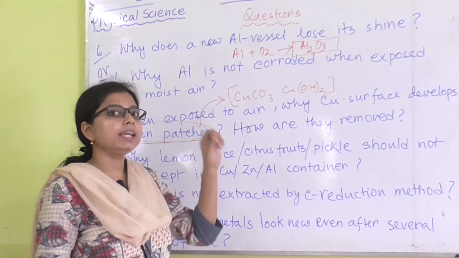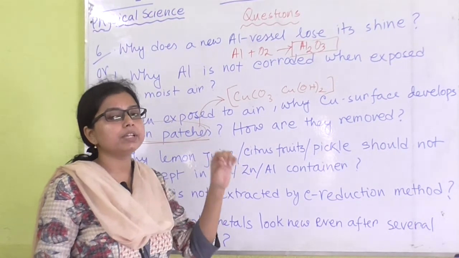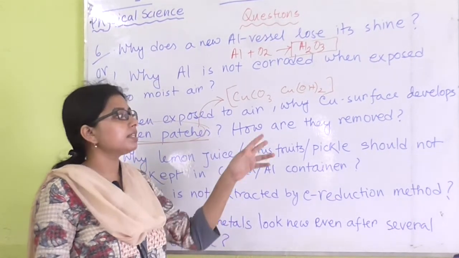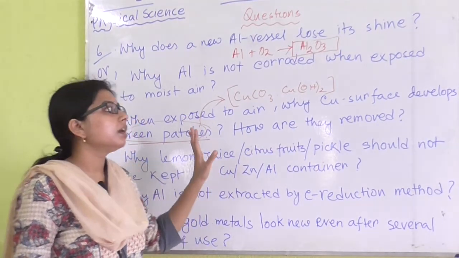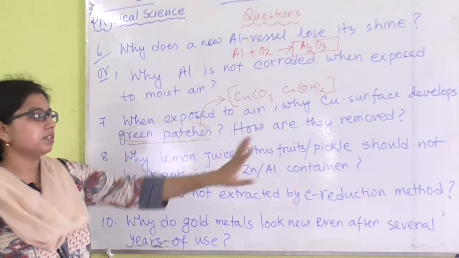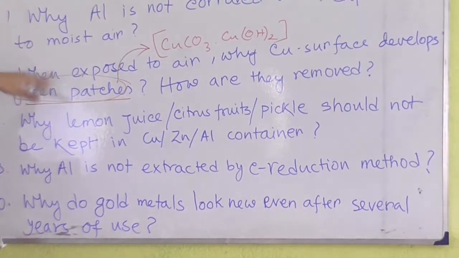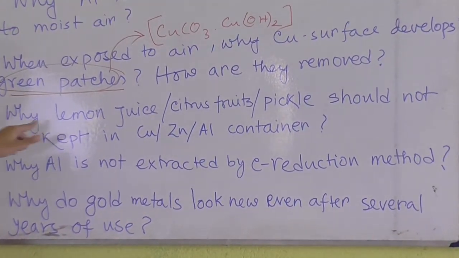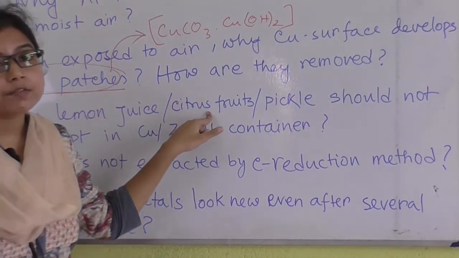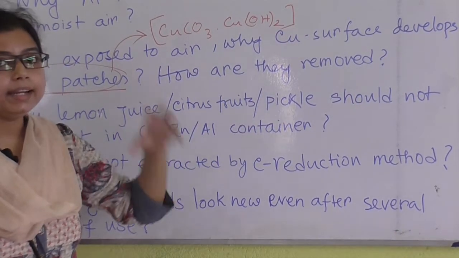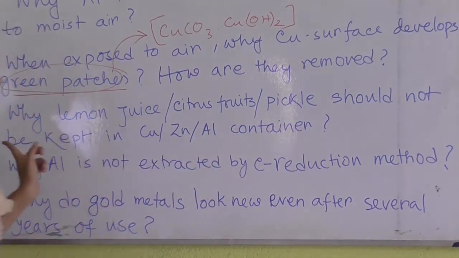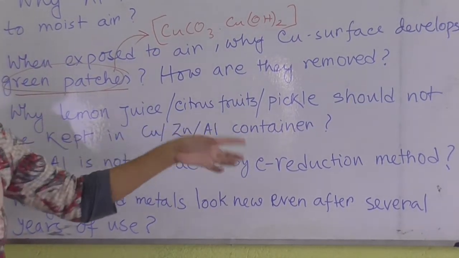Okay. So using any kind of organic acid which is available to us, we can easily remove these patches. Now the next question is related to these two questions: why lemon juice or any kind of citrus fruit or any type of pickle should not be kept in a metallic container.